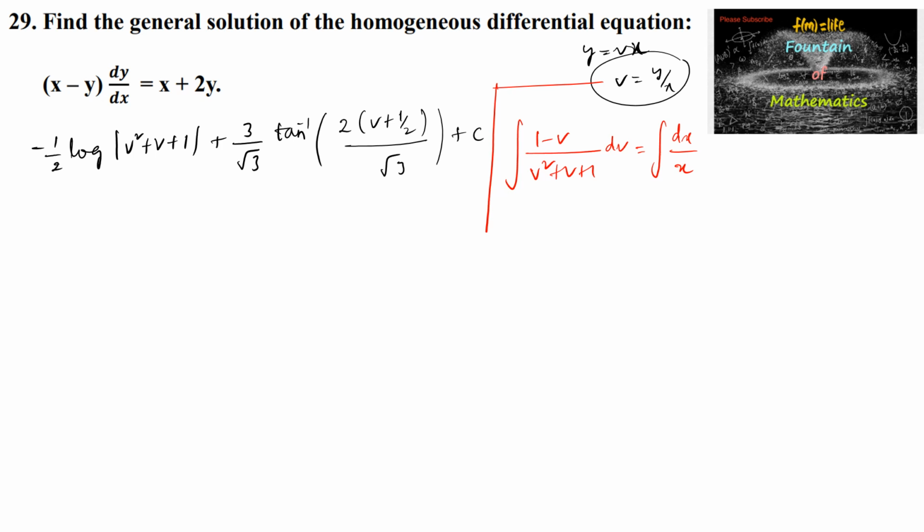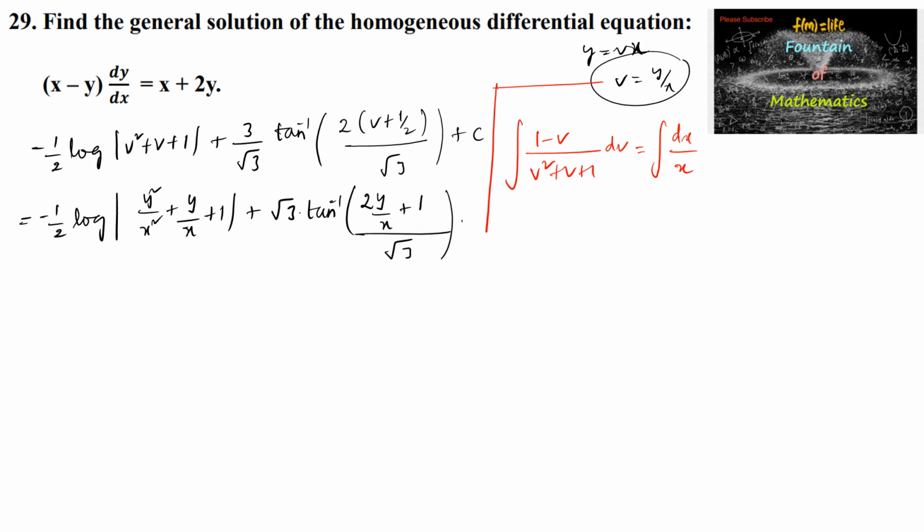Now let's replace y is equal to vx, or v is equal to y by x. So we can write minus 1 by 2 log mod of y square by x square plus y upon x plus 1 plus root 3 times tan inverse of 2 times of v, v is nothing but y by x, plus 1 divided by root 3 plus c.